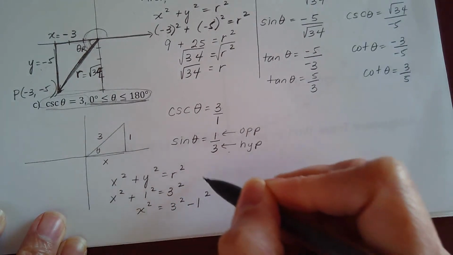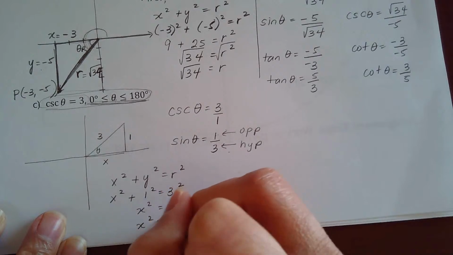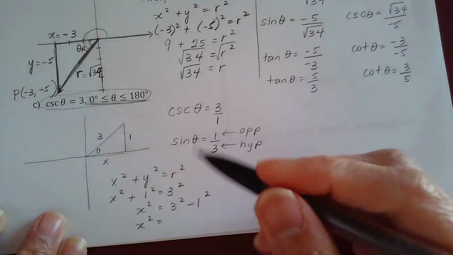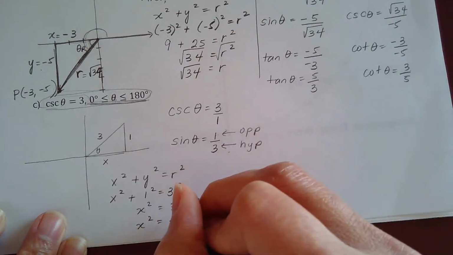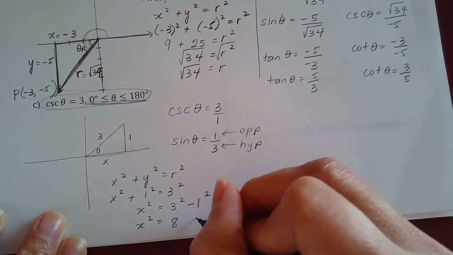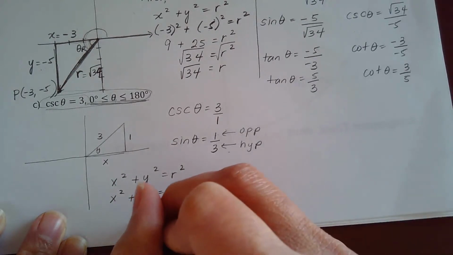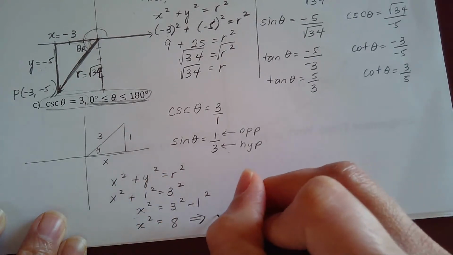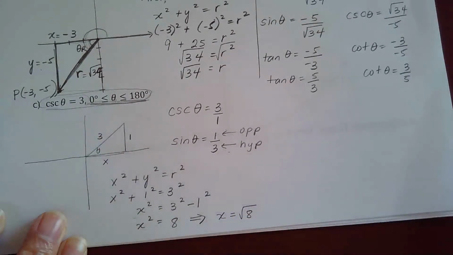Bring the 1 squared over to the other side. So x squared is equal to 9 minus 1. That's going to be 8. Therefore, if we take the square root of both sides, x is equal to square root of 8.